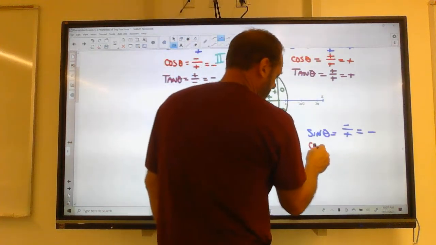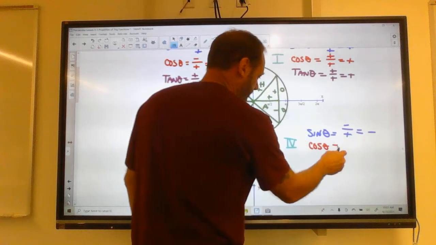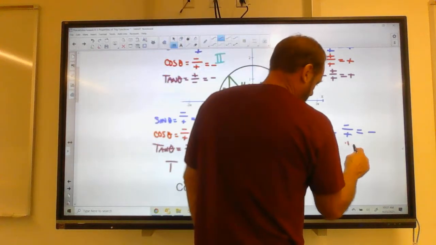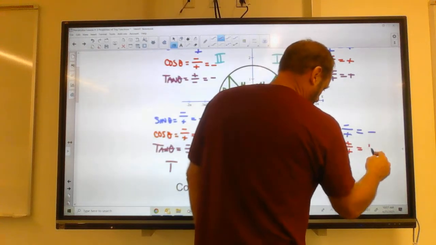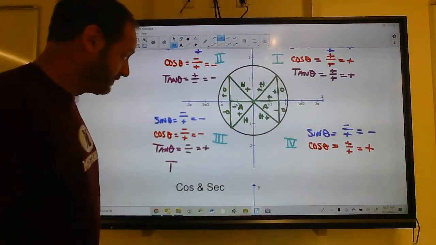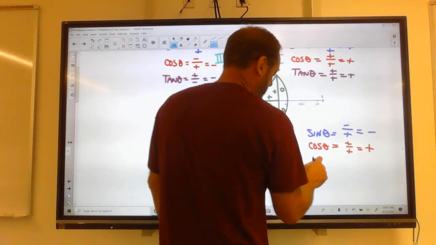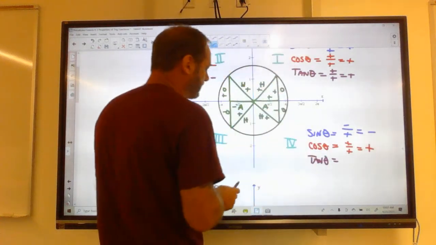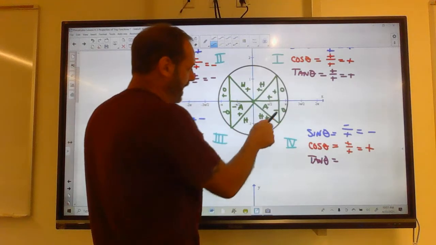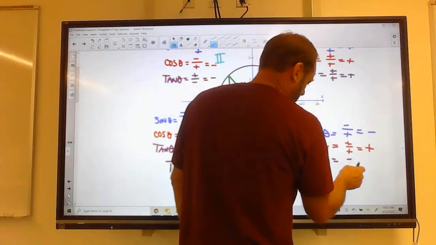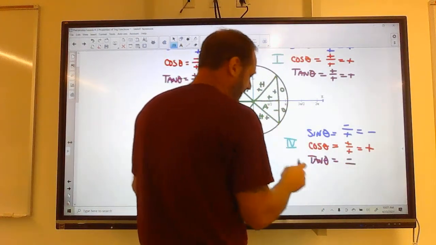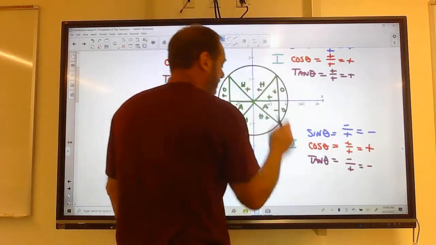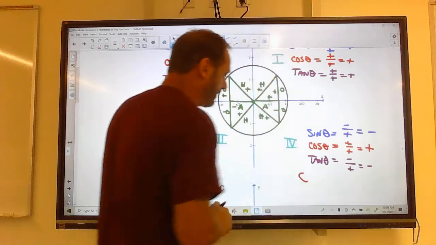Our cosine is going to be adjacent, which is positive, over the hypotenuse, which is positive, so the cosine is positive. And the tangent is going to be the opposite, which is negative, over the adjacent, which is positive. So that's going to be negative. So down here, the cosine is positive.